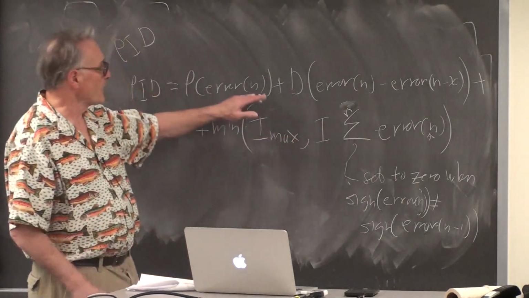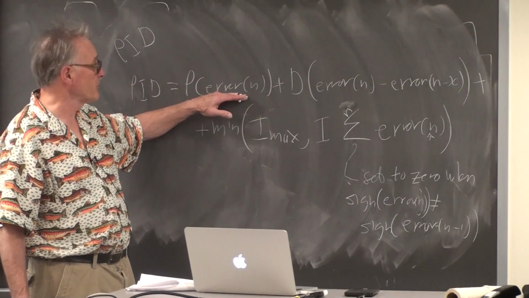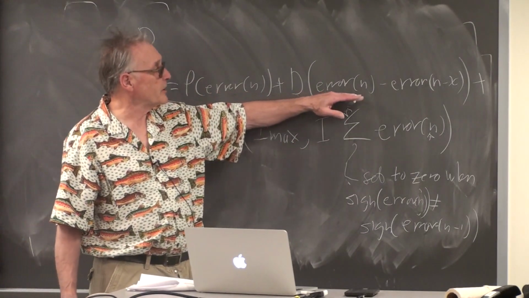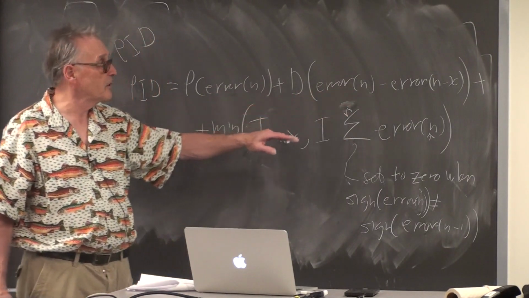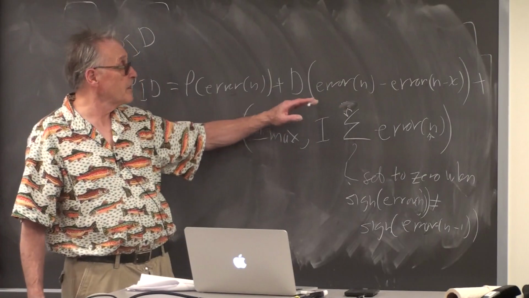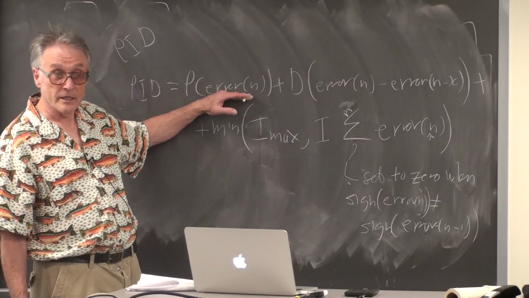So again, higher is better here. It's going to minimize the total error. But you're going to have a derivative term to compensate the phase shift of the pendulum so that the high gain here does not cause oscillation.